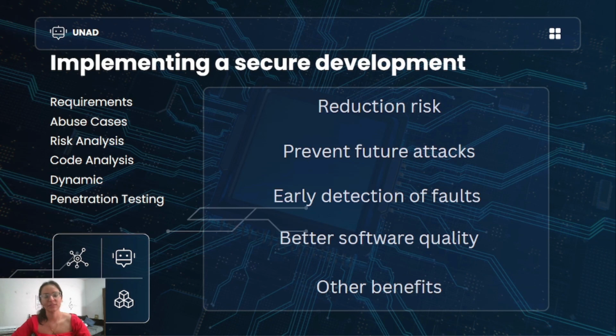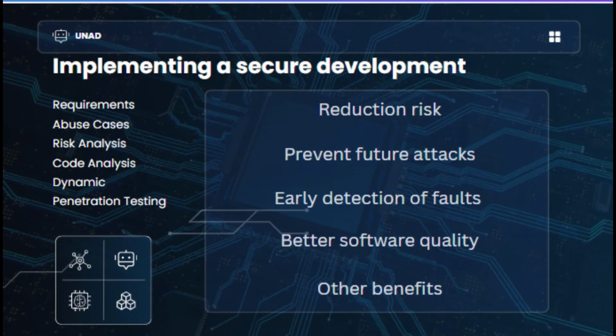I would like to present the past, including the life cycle of development. Security development includes requirements, abuse cases, risk analysis, code analysis, and dynamic penetration testing, to reduce risks, identify vulnerabilities, and implement improvements before products are released.